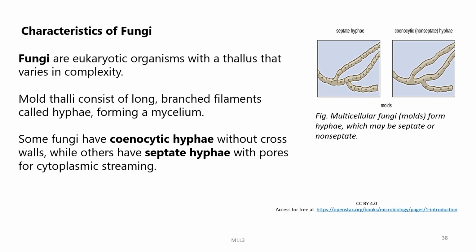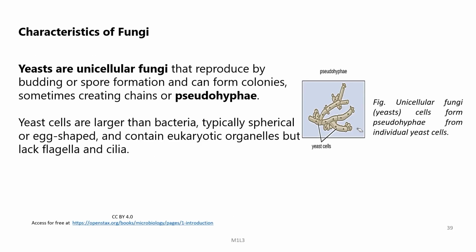Basically, fungi are eukaryotic organisms with a thallus which has different kinds of complex forms. A mold thallus consists of long branched filaments called hyphae that form a mycelium, and as already discussed in this diagram, some fungi have coenocytic hyphae without cross walls or septae, while others have septate hyphae with pores for cytoplasmic streaming.